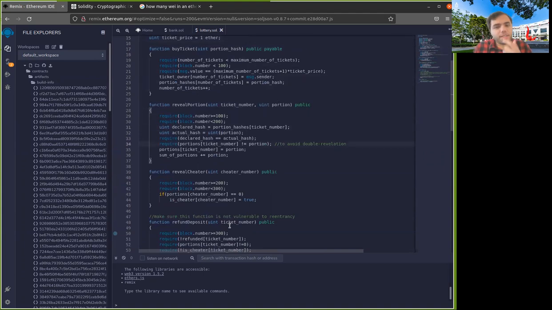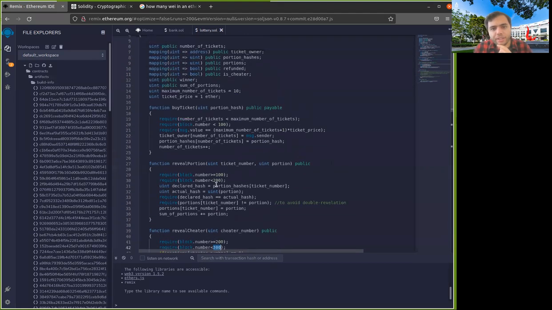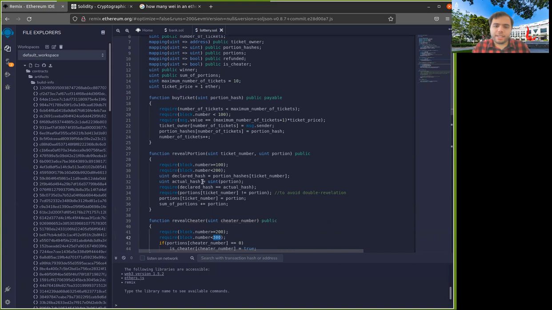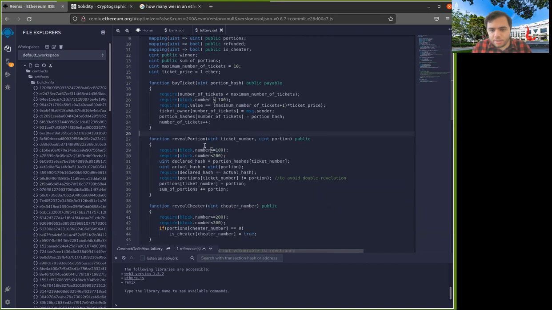Okay. Another thing is that in practice, we usually don't just hard code the block numbers. Usually, I will have a constructor that writes down the number of the block in which this contract was actually put on the blockchain, the deployment block. And then I would here say that if the block number is less than the deployment block plus 100, instead of just saying that if it's less than 100.